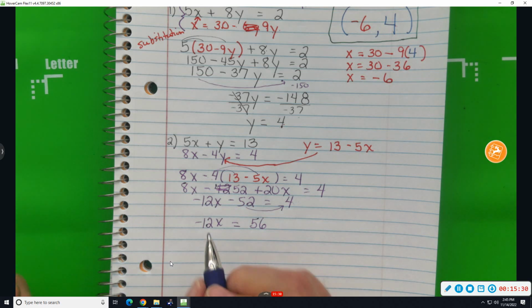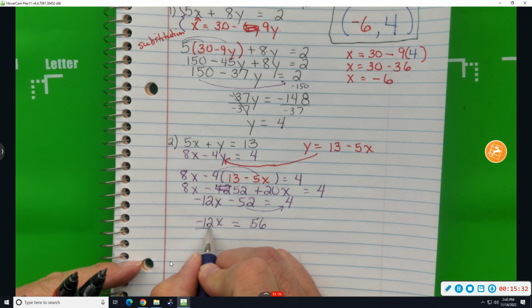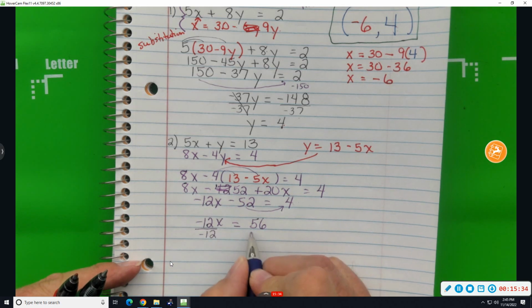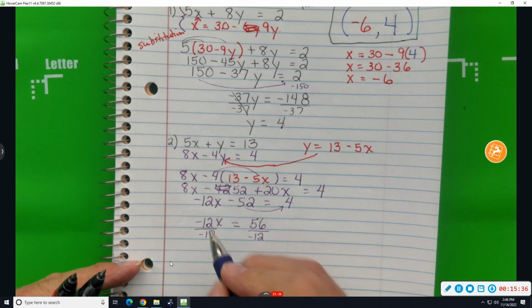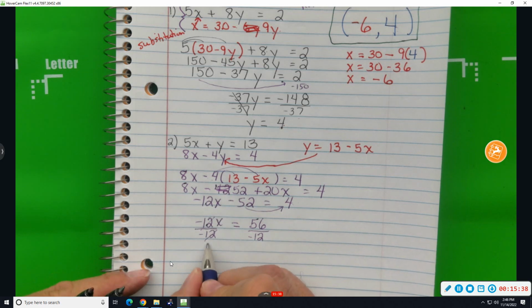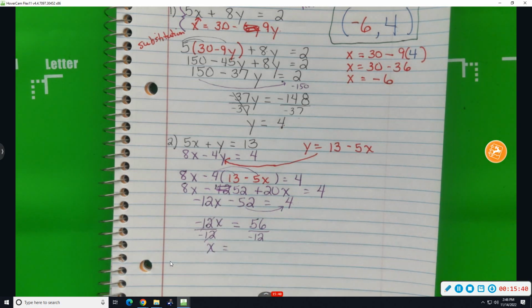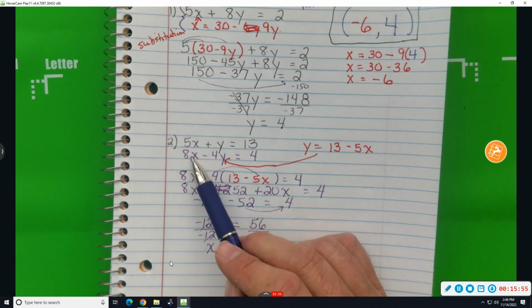Divide both sides by negative 12. I'm just wondering, what's 56 divided by 12? Doesn't go evenly, does it? I'm just going to look and make sure I didn't miscopy this problem. What did I do wrong?